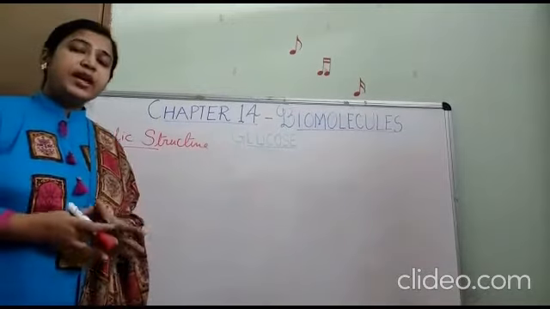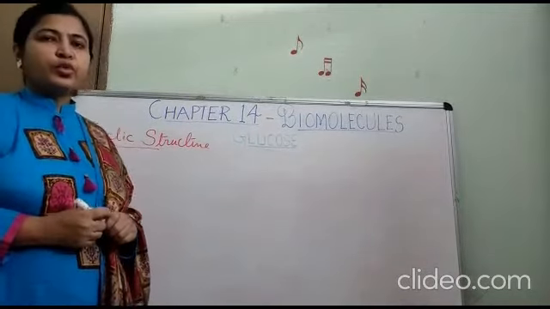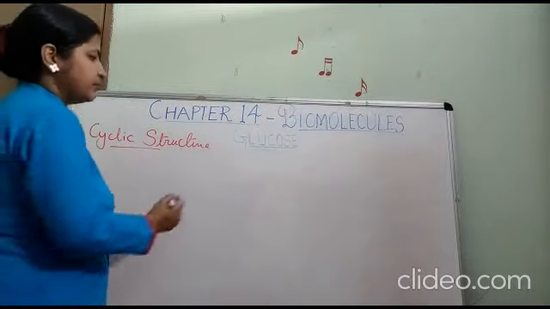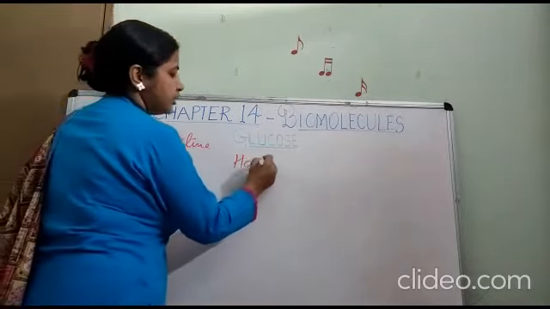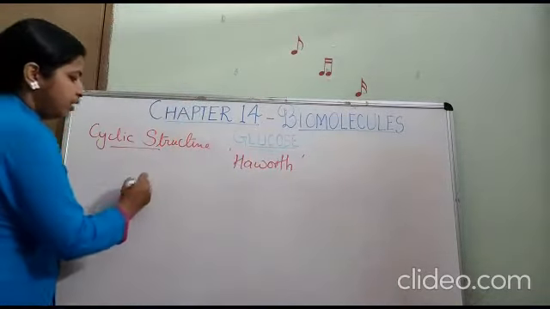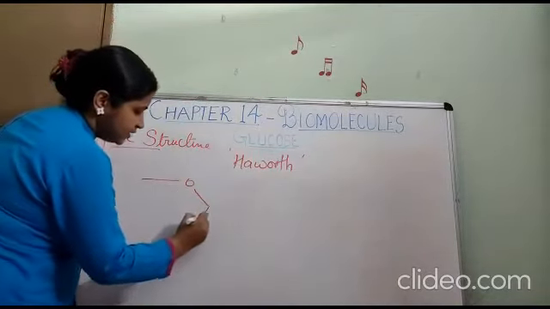Now, cyclic hemiacetal structures of glucose can be represented correctly in Haworth form. In that case, this will be the structure.